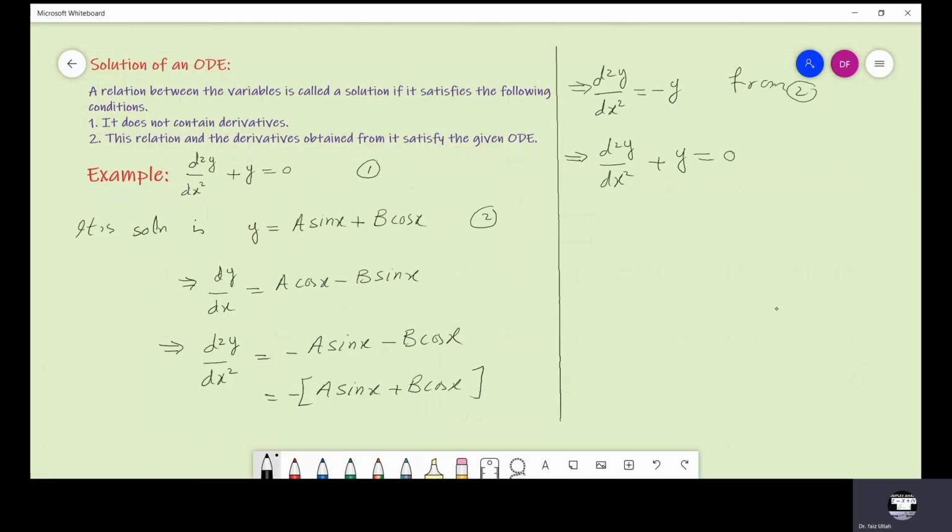And hence we can see that the relation 2 and the derivatives obtained from it satisfy the given ordinary differential equation. Hence 2 is a solution of ODE 1. Later on, we shall learn how to obtain a solution of ordinary differential equation.